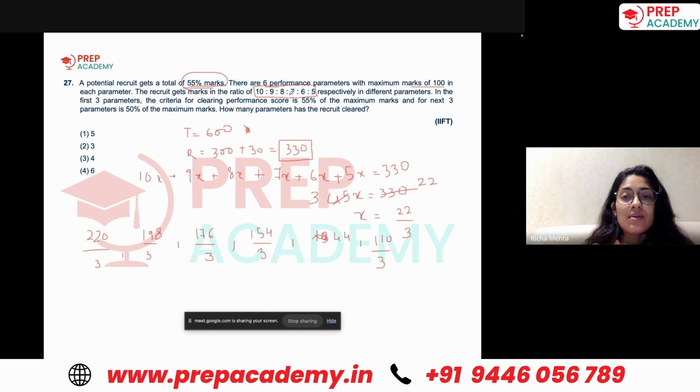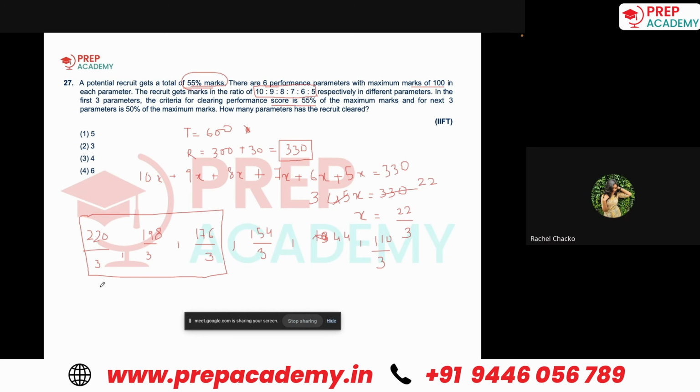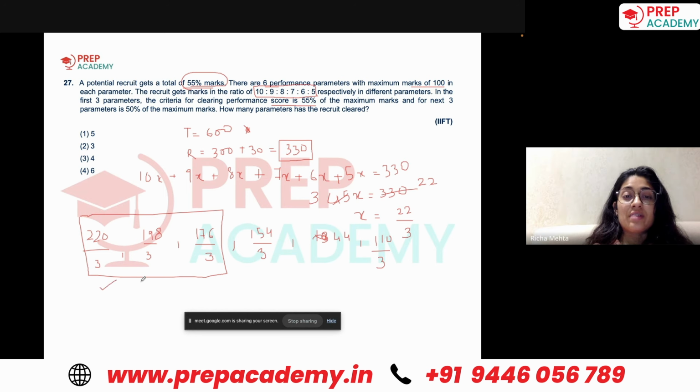These are the actual marks that the recruit got. Now the criteria was that in the first three parameters, the performance score should be at least 55%. So 55% of 100 is 55, right? Are there any scores among these three which are less than 55? No, because this criteria is only for the first three parameters, which means the first three parameters cleared the criteria.